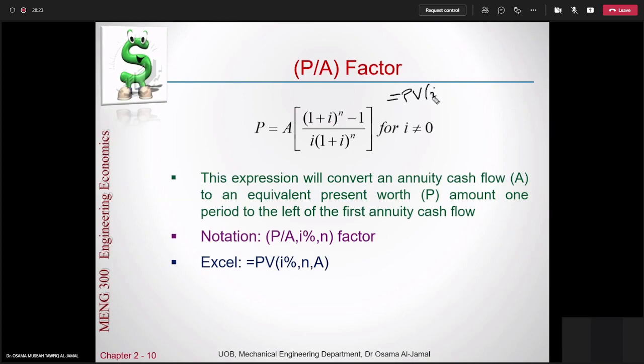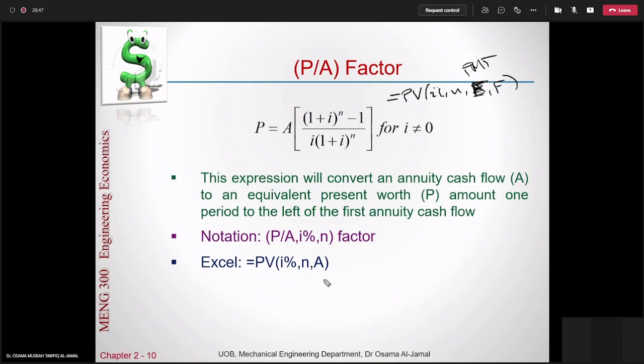Let's use Excel: I% to put the number there, N, A, which is PMT, F. If you don't have that value for A, just leave it blank. Comma, then another comma directly, or a space. So that's the blank one, empty.